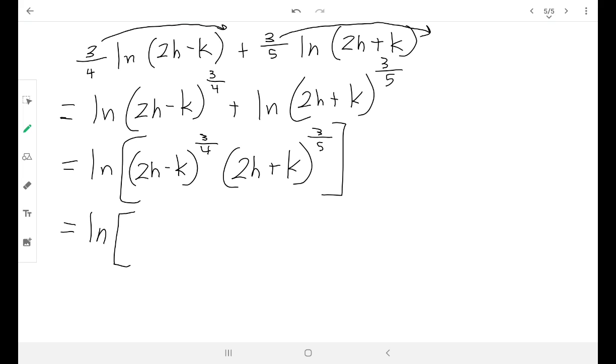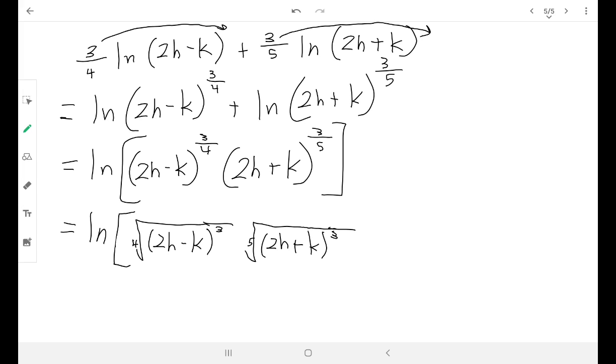But like that first one would be the 4th root of the quantity 2h minus k raised to the 3rd power. Let me write that a little bit smaller. The 4th root times the 5th root of 2h plus k raised to the 3rd power.